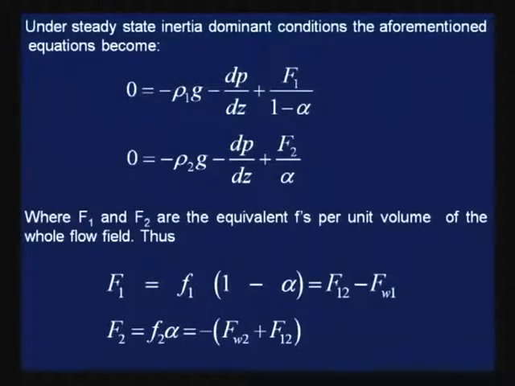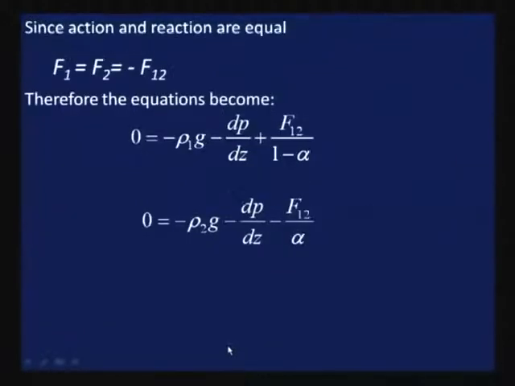Is it correct? Here we have considered only the interaction between phase 1 and phase 2, wall and phase 1, wall and phase 2, and then after that we have also neglected the wall term here.